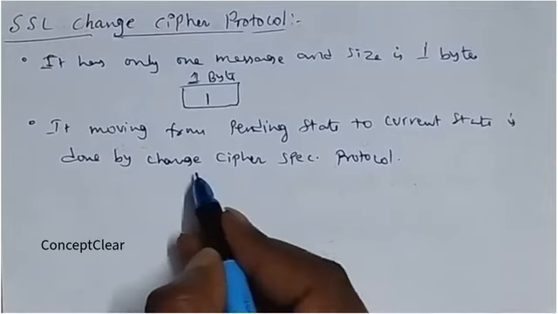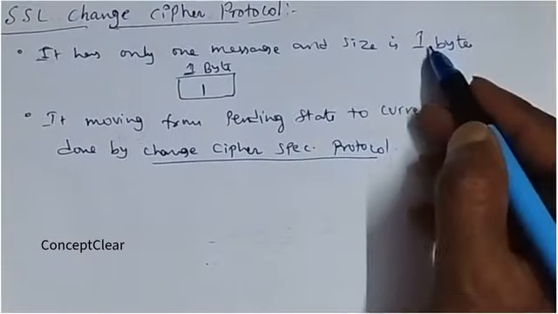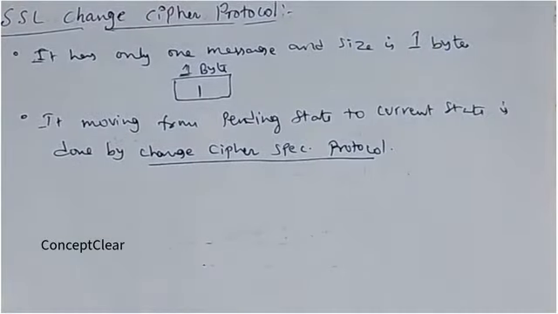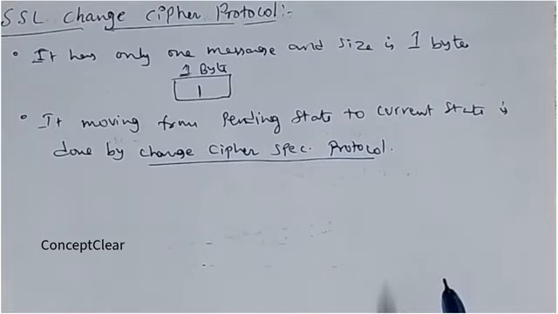Okay, this is about the change cipher specification protocol. It has only one message and the size is 1 byte. It is moving from the pending state to the current state by using the change cipher specification protocol. Okay, clear.